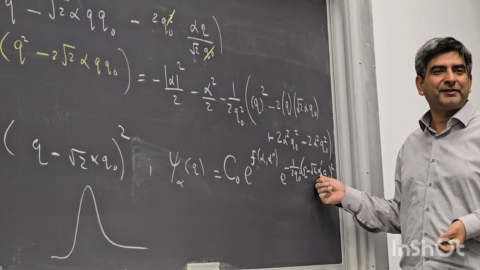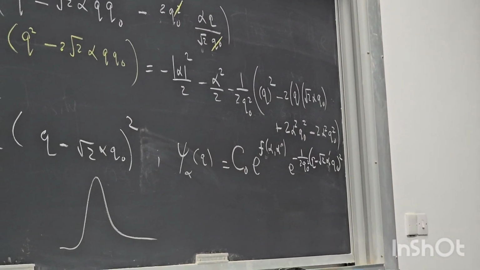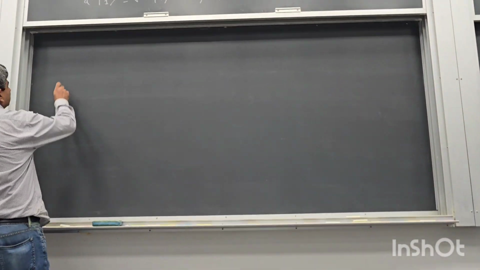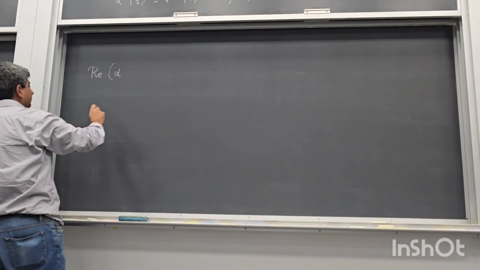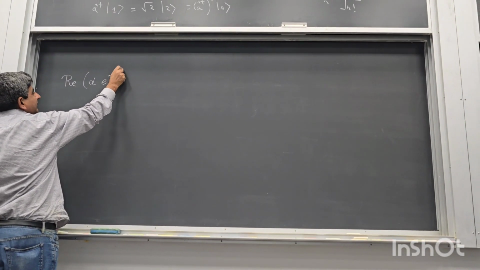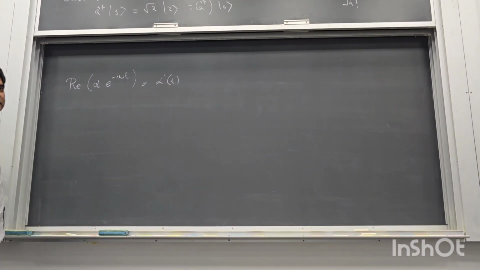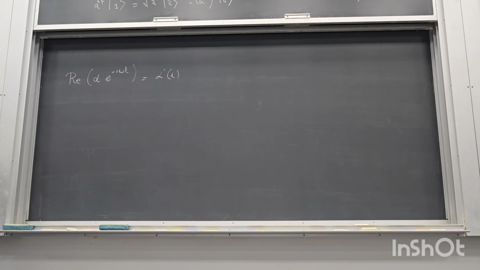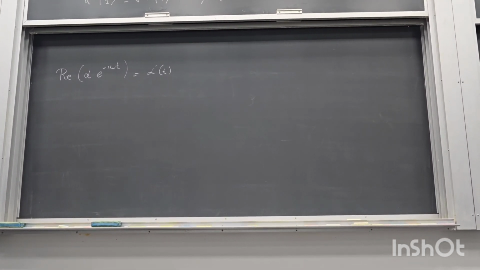And what's the real part of it? The real part of alpha e to the minus i omega t will be alpha prime at some time t, correct? So I need to put this number over there at arbitrary times.